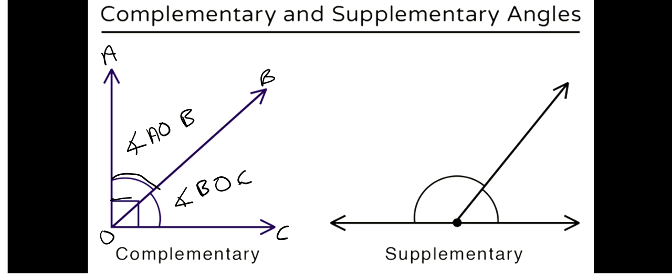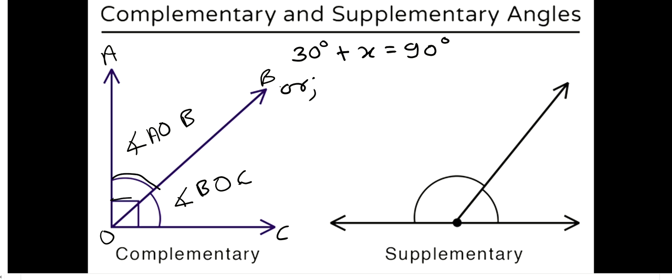Now, let's say find the complement of 30 degrees. Let's take the complement of 30 degrees as x. So you can say that 30 degrees plus x is 90 degrees according to the question.